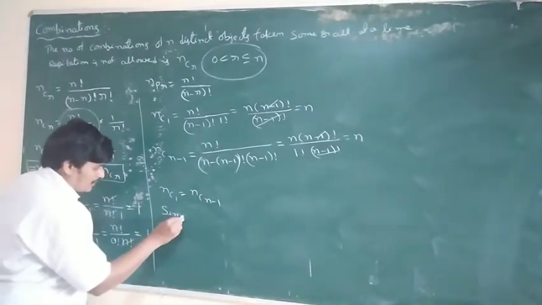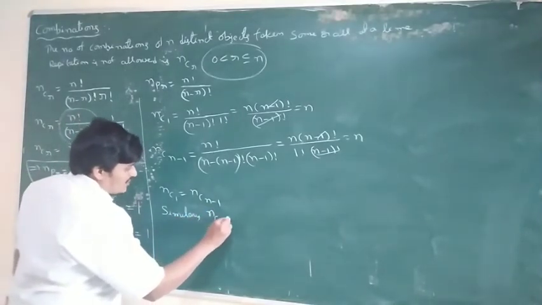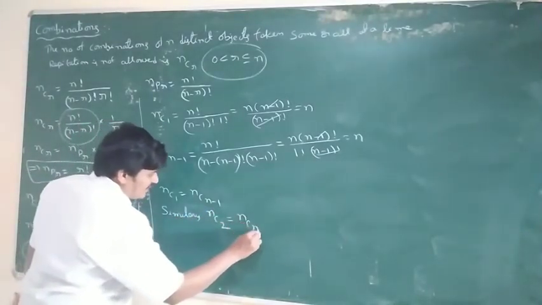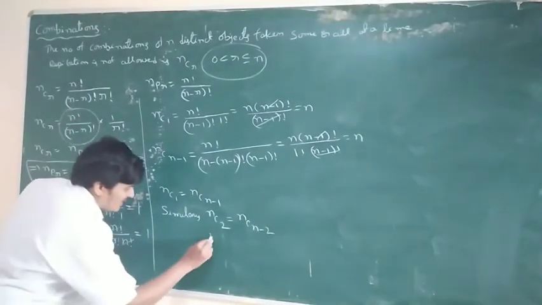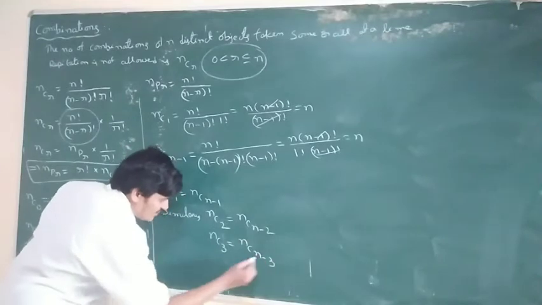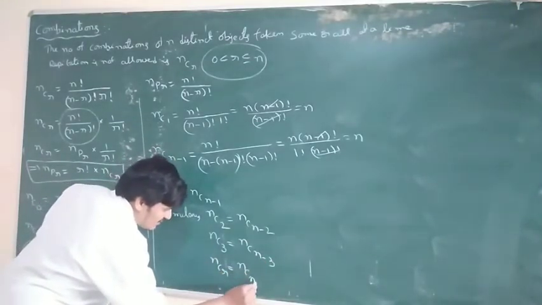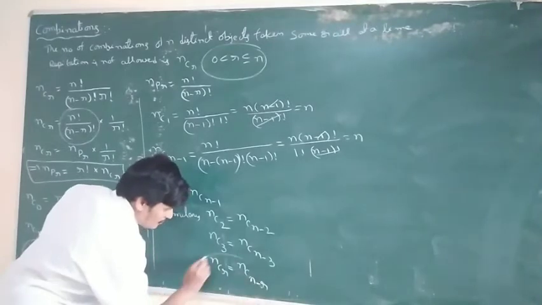Similarly nC2 is equal to nC(n minus 2), nC3 is equal to nC(n minus 3), and nCr is equal to nC(n minus r).